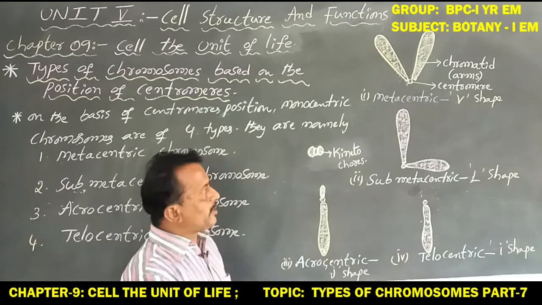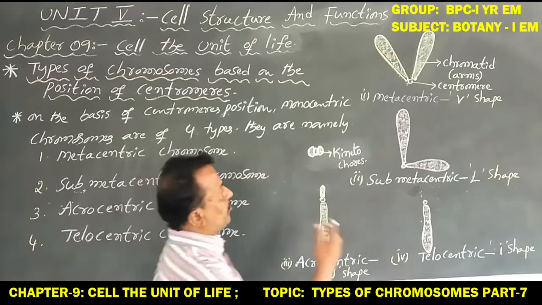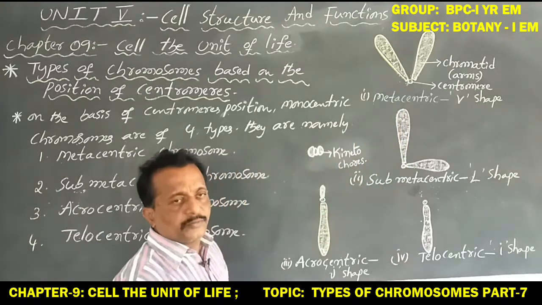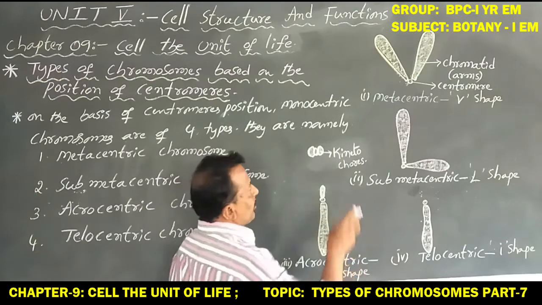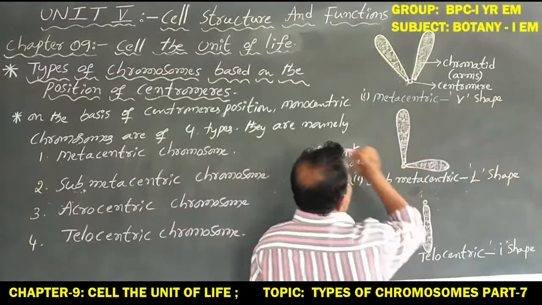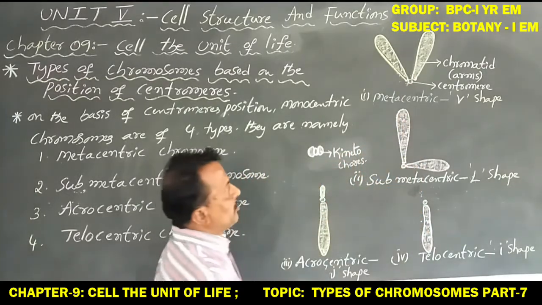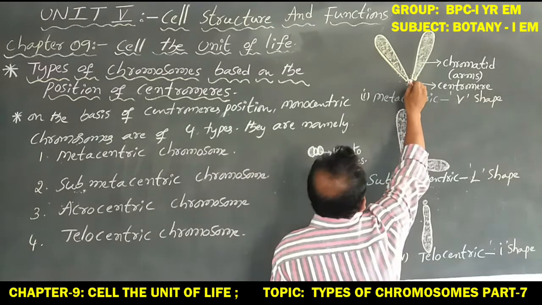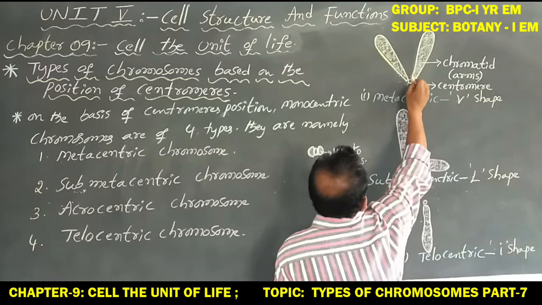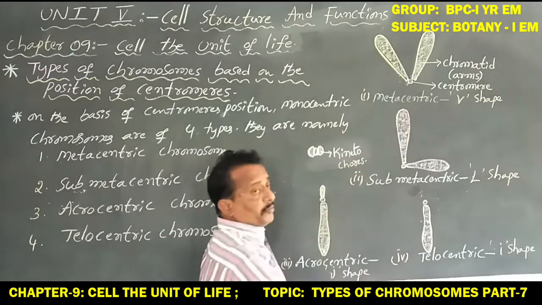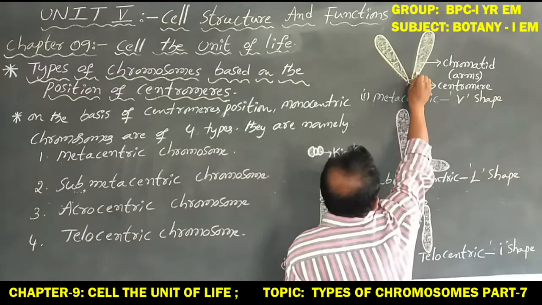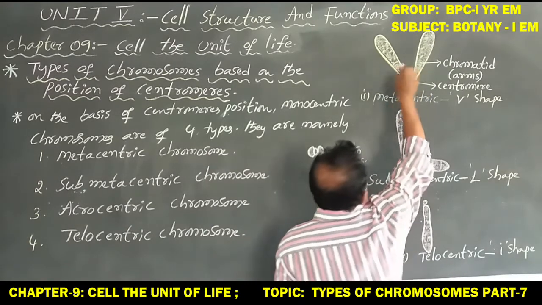Let us discuss them one by one. The first one, metacentric chromosome. Based on the centromere position, the centromere is present at the middle point of the chromosome, and both the chromatids or both the arms are equal in length.